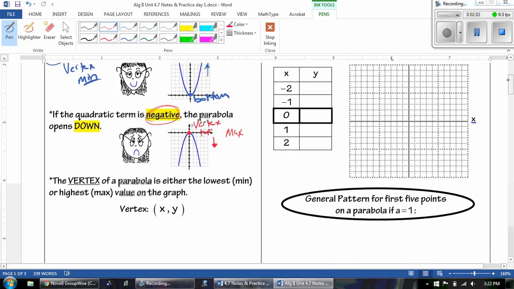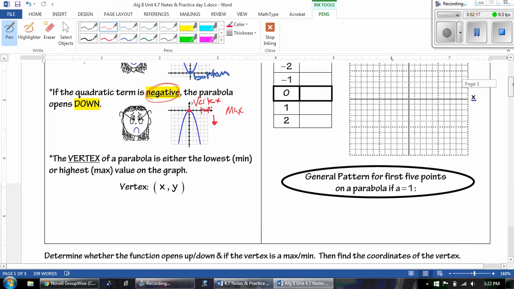Now, to find the vertex of the parabola, which is either the lowest or the highest, which we were just talking about, we need to find that value on the graph. And the way we do that, if we don't have the graph, is we use a formula. To find the x value, x equals the opposite of b over 2a. It's not the full quadratic formula, but there you go.